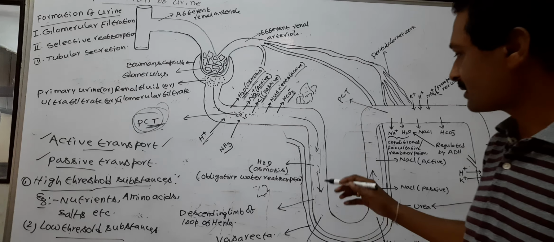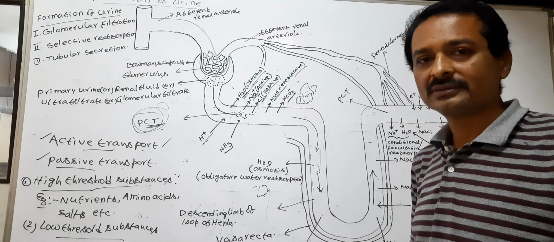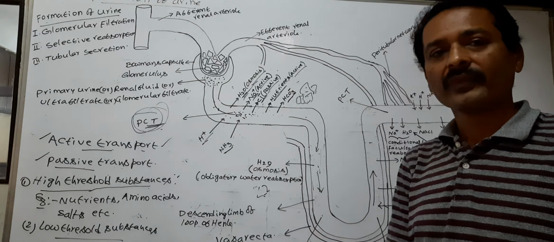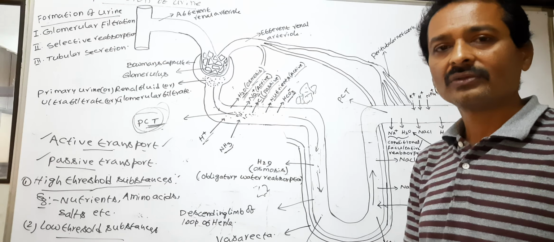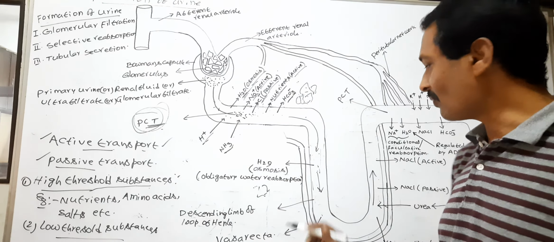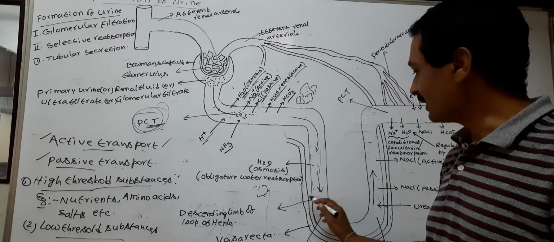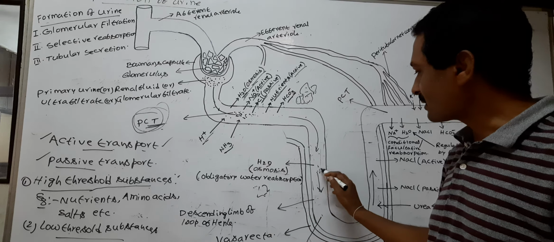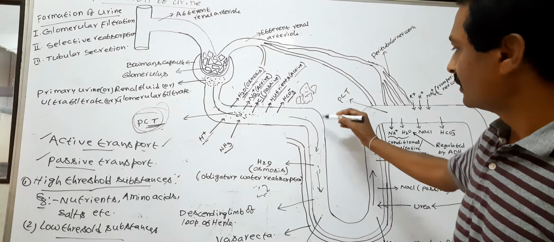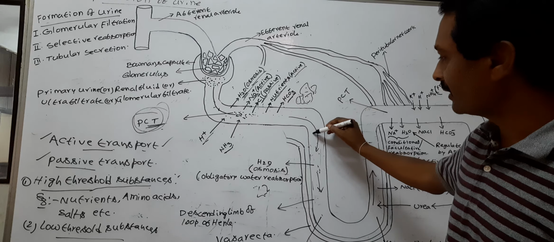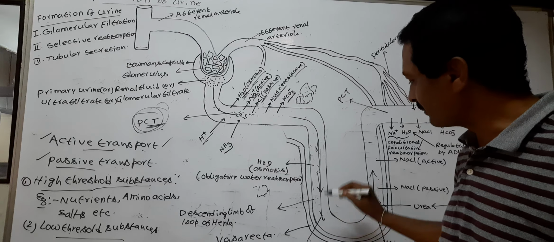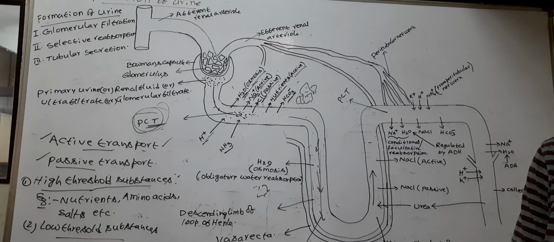The ions or salts do not reabsorb. The salts or ions present in the primary urine stay. Only water is reabsorbed. When the water is reabsorbed, the concentration of primary urine is increased from the proximal part of the descending limb to the distal part of the descending limb.